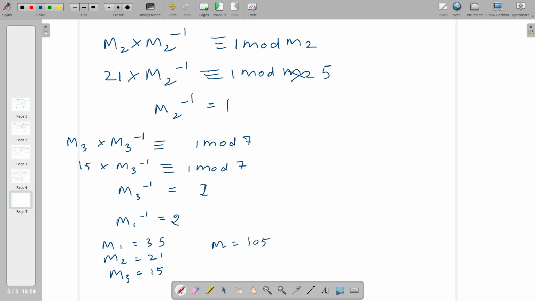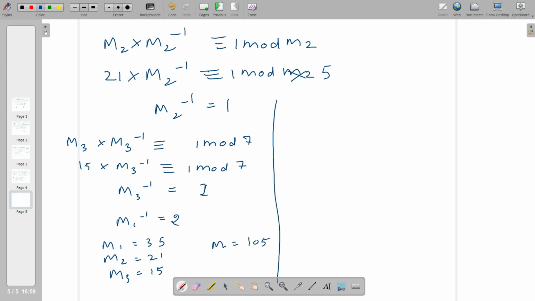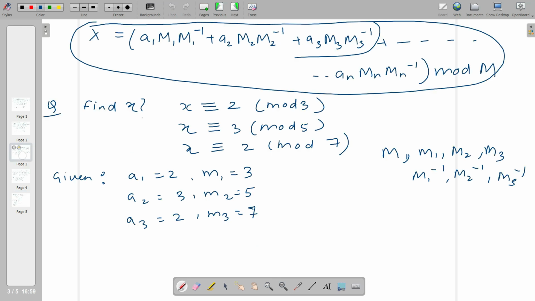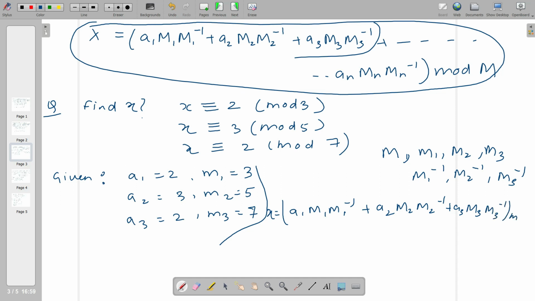Now we can directly put it into the equation for calculating X. So the equation is this one: X is equal to A1 M1 M1 inverse plus A2 M2 M2 inverse plus A3 M3 M3 inverse, mod capital M. Just putting the values, because now we have calculated all the values.